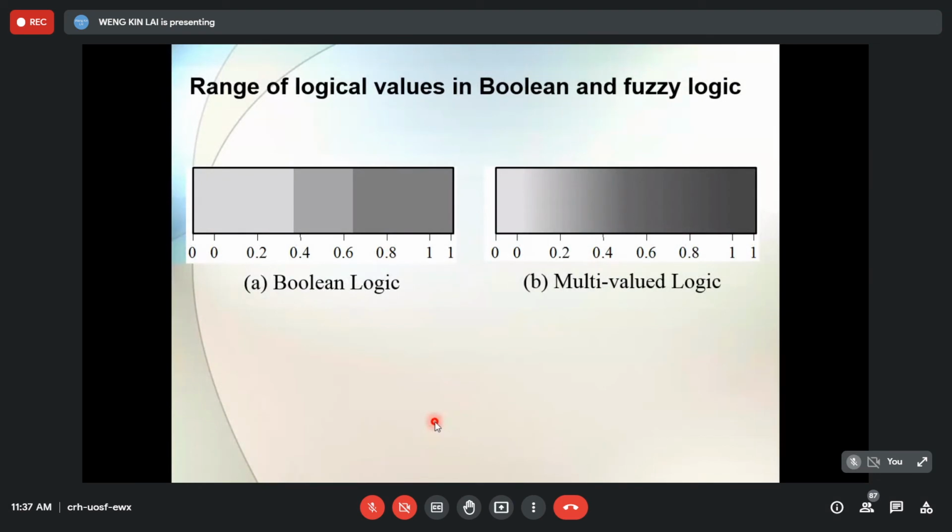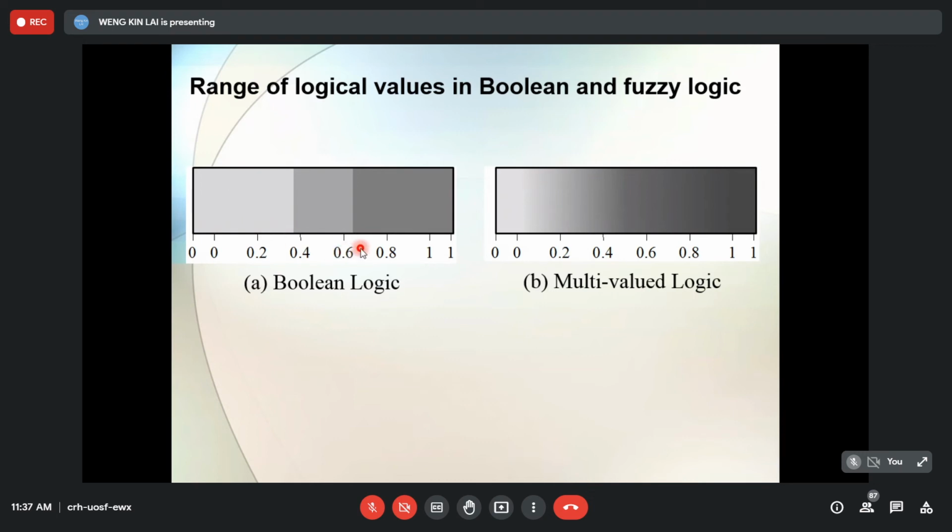You can see here, this is a good way of explaining it in a graphical form. On the left-hand side, just a refresher for most of you, we always say that if the normalized output of your system is less than 0.4, it is considered a low.